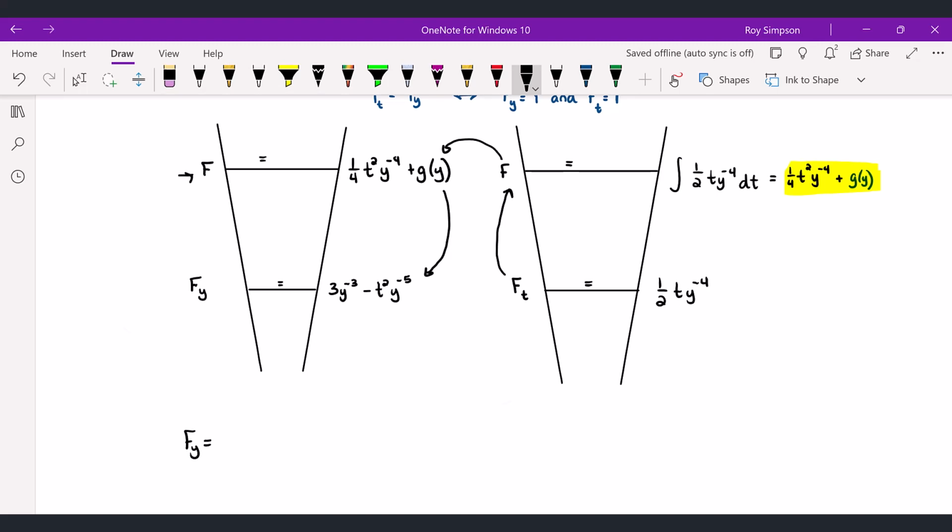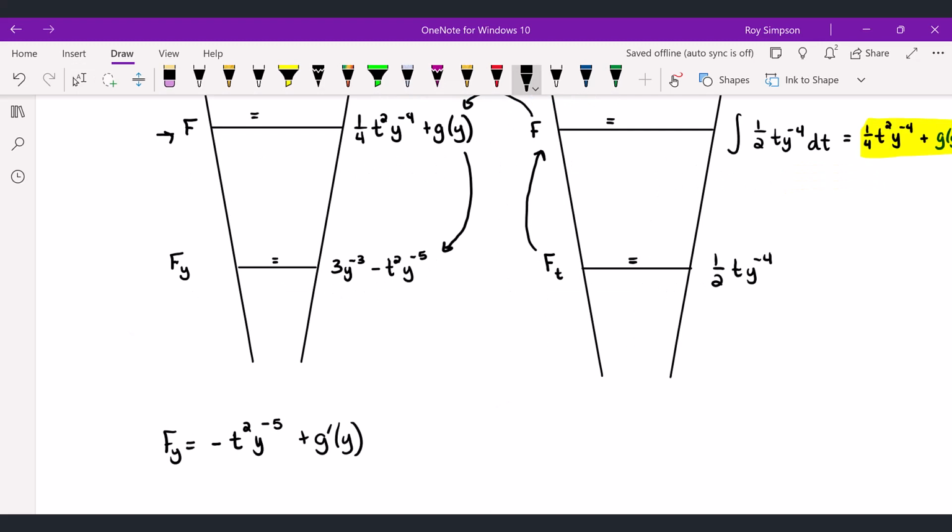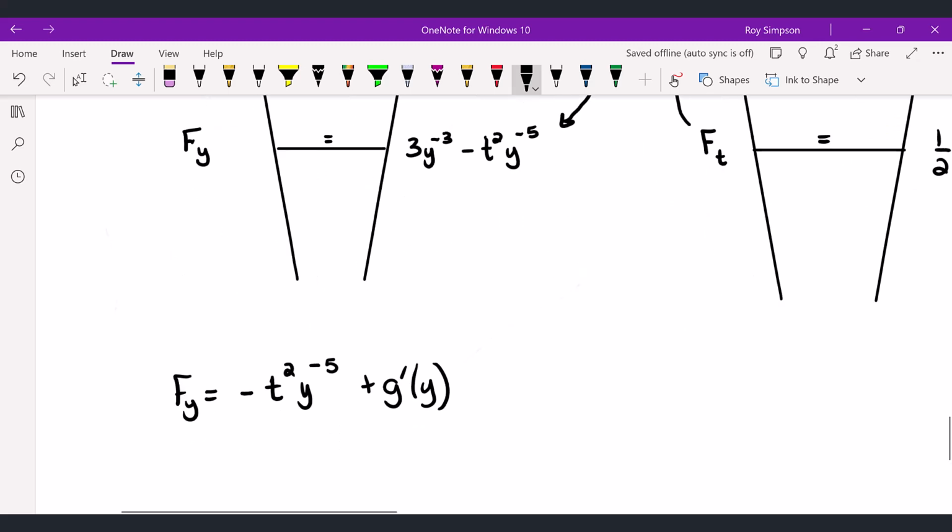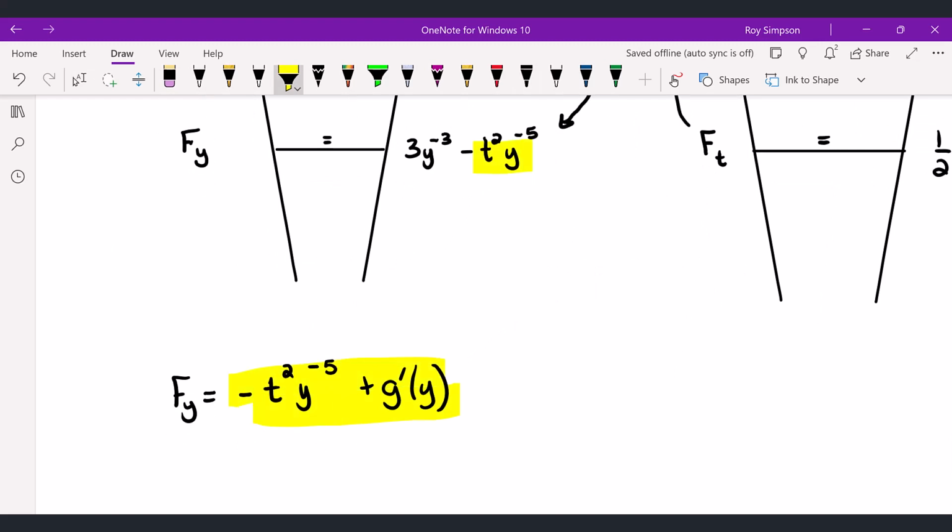And watch what happens. We get a -t² y to the -5th, plus, again, we're taking the partial with respect to y, so we're taking the derivative with respect to y, so plus a g prime of y. Now, if you compare this version of f sub y that we just arrived at with this version of f sub y, and I keep saying f sub y, I mean the partial of f with respect to y, pardon me, you'll see that they're very similar.